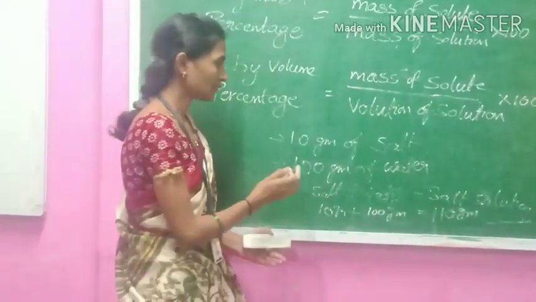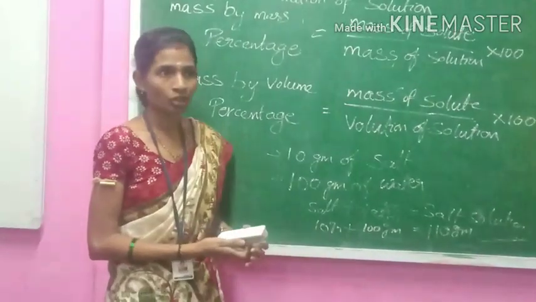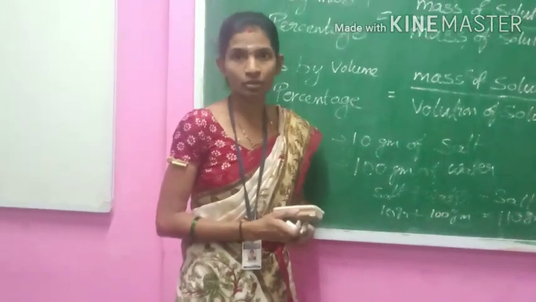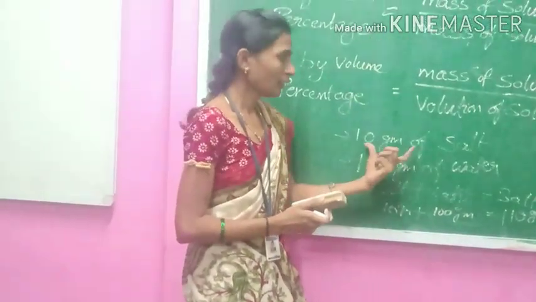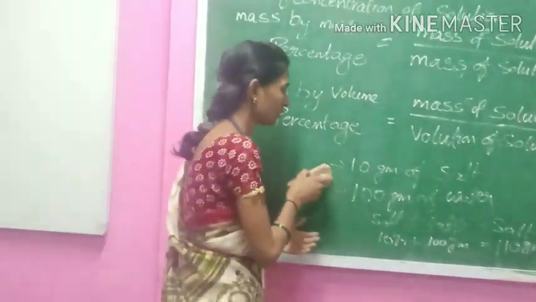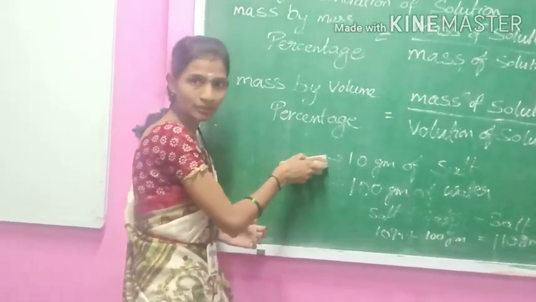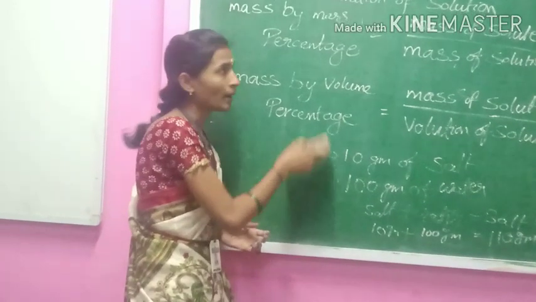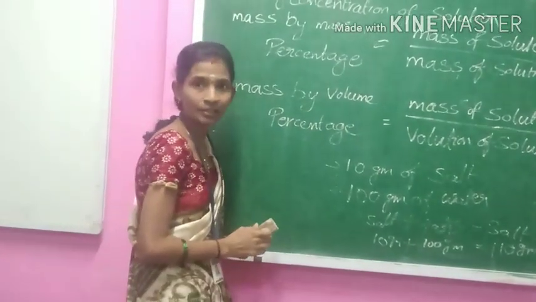Let us find the mass by mass percentage concentration of the solution for the given example. We have taken 10 grams of salt and 100 grams of water.